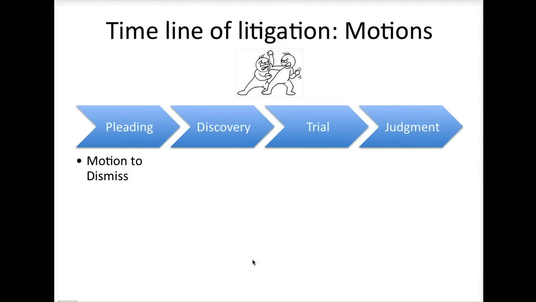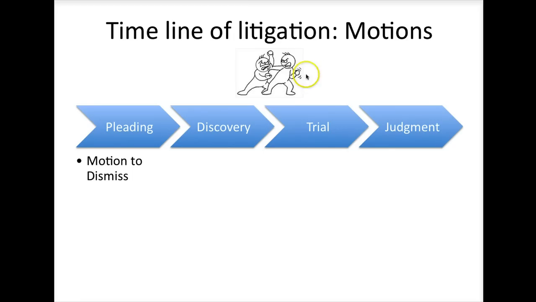Let's look at a series of motions which change the timeline for litigation. A motion is simply the name for a request to the judge that the judge issue an order. You can have numerous types of motions. For instance, a motion for extension of time, asking for more time.